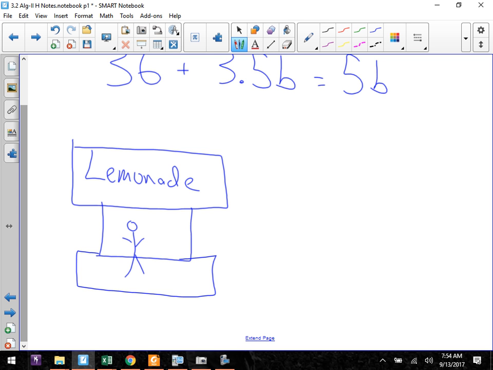Let's say your parents went out and bought you lemonade mix, some cups, and all that other stuff, and they spent $15 on supplies for you, and then you were going to sell it for 50 cents per cup. If you're selling it for 50 cents a cup, how many cups would you have to sell to break even on the $15? Anything over that would be profit. It's the same basic idea with this one, but you had a separate purchase alongside of it. That's what it looked like.